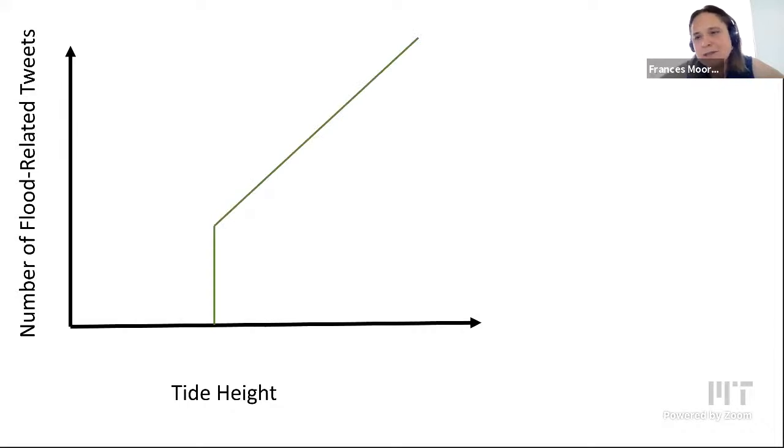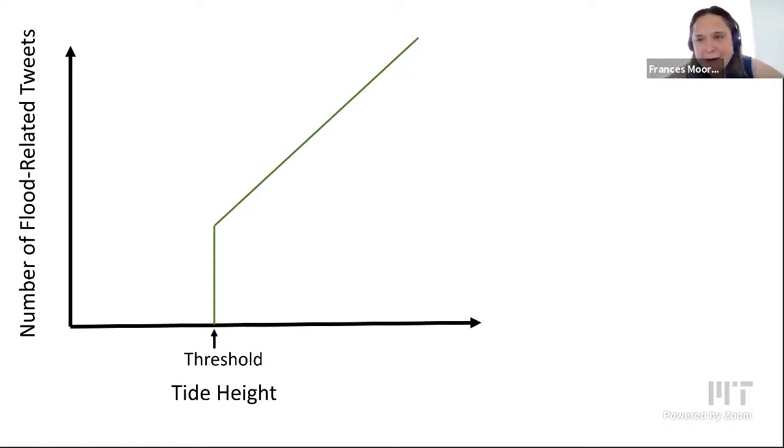We choose a particular functional form that's able to capture both a threshold effect as well as a more continuous response to increasing tide height. The idea here is that below a certain level there's no flooding, because flooding is a very nonlinear translation of tide height. And so there's some threshold.